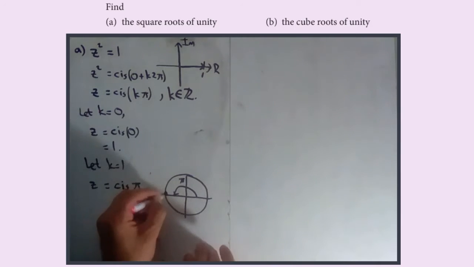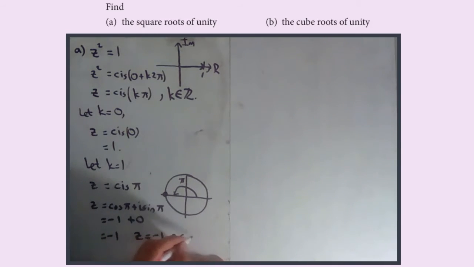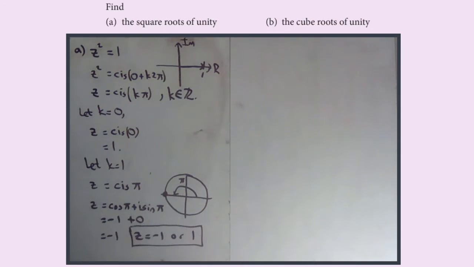That's pi, and you should know that cos pi equals -1 and sin pi equals 0. So z equals cos pi plus i sin pi, which equals -1 plus 0, equals -1. So z equals -1 or 1, which, as we said at the start, of course, is the answer to find the square roots of unity. If you're solving x squared equals 1, x equals plus or minus 1.